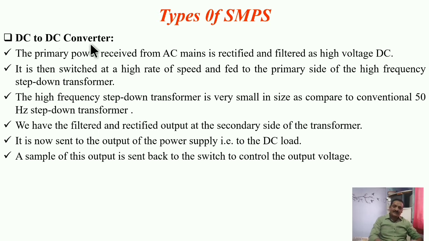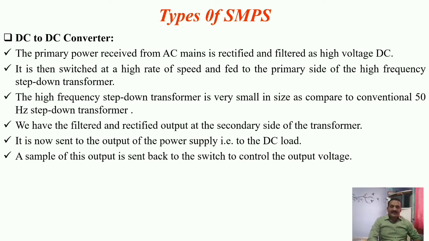One important point you will observe over here: in case of a linear power supply, it is mandatory to use the step down transformer. But in the SMPS block diagram, you observe there is no step down transformer. That 230 volt AC we can directly rectify by using the rectifier.